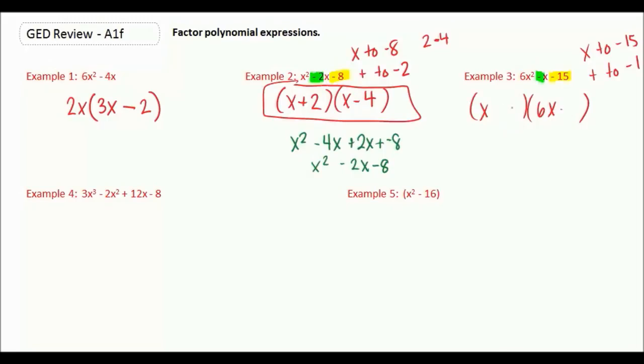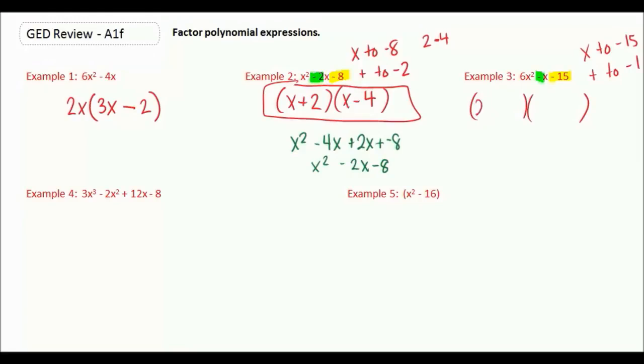Maybe we could do 1 and 15. We'll say this one's negative, this one's positive. In this case, we'd have a negative 15x on the outside and a positive 6x on the inside. So that would add to negative 9x, which isn't negative 1x. So like I said, you have to play around with it.